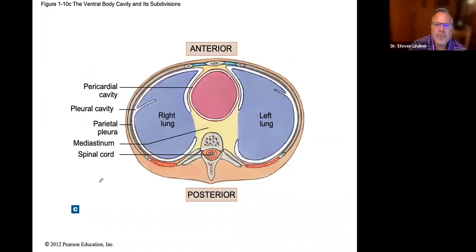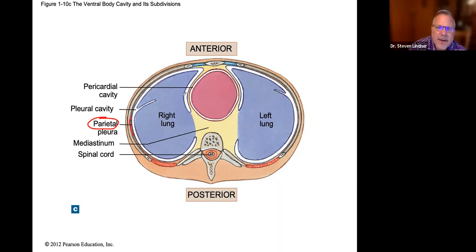So let's see if I can go here for a second. So here is the lungs. So we have a parietal pleura. This is the layer outside of the lungs.